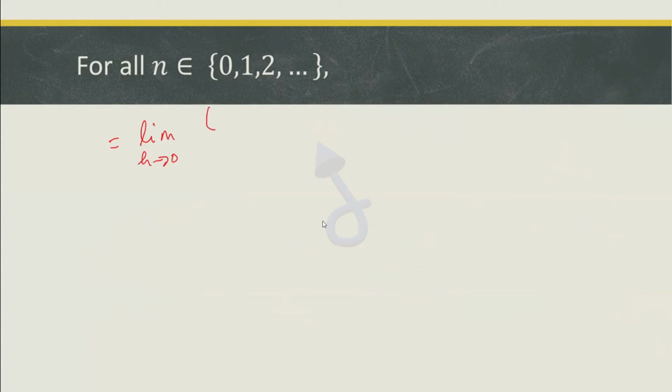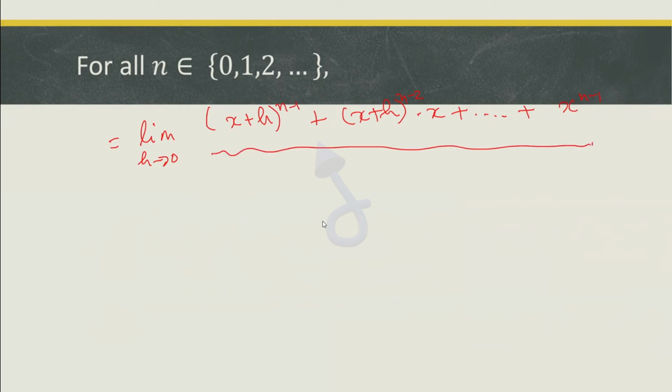Ganito na natira. (x plus h) raised to the n minus 1 plus (x plus h) raised to the n minus 2 times x plus dot dot dot hanggang yung huli ay ano lang, x to the n minus 1. Ito na, di ba?